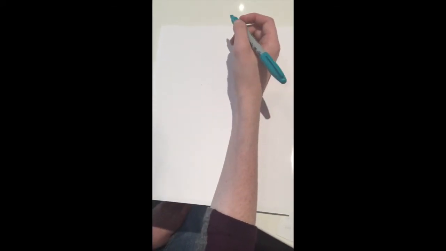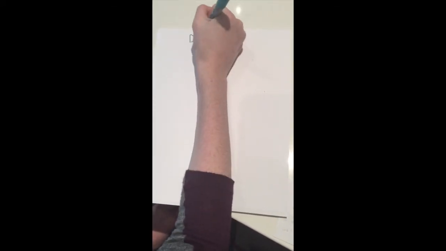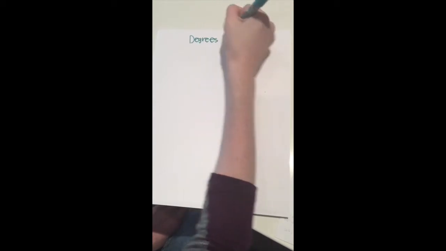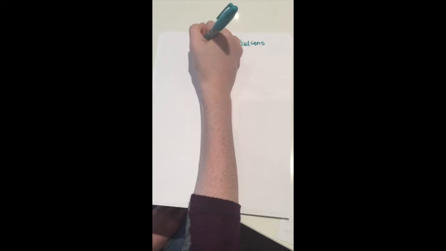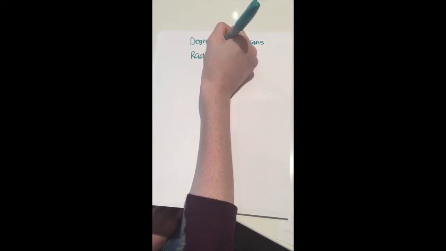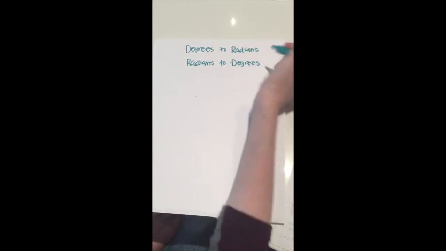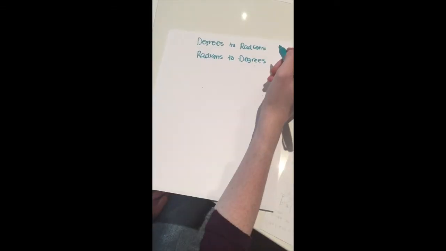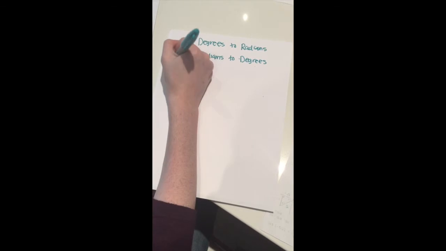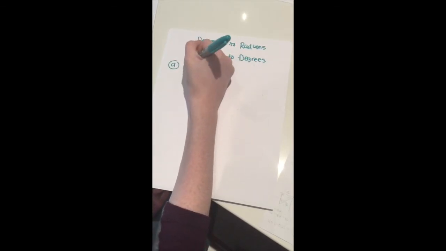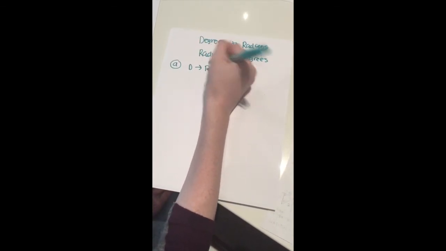Now I will be discussing how to convert degrees to radians and radians to degrees. This is relatively simple. Our first example, we are going to be converting degrees to radians.